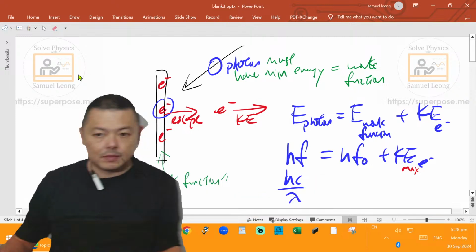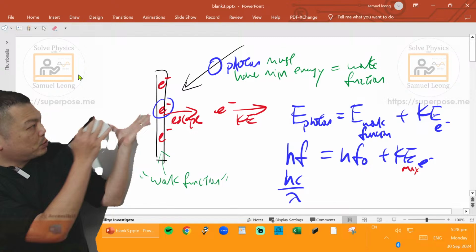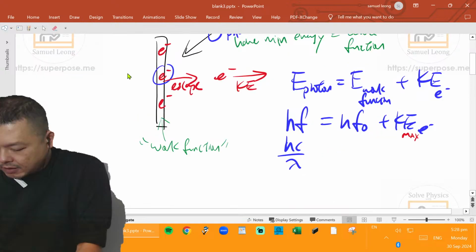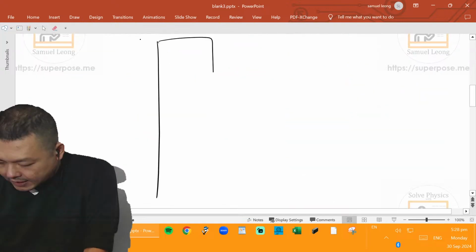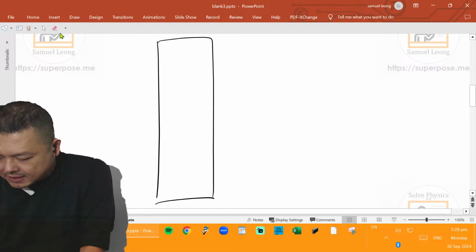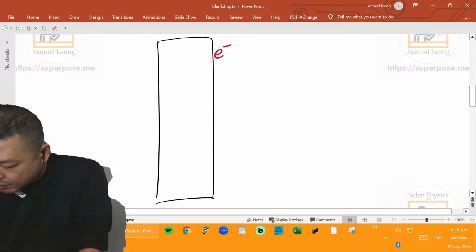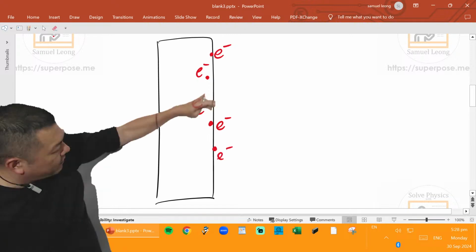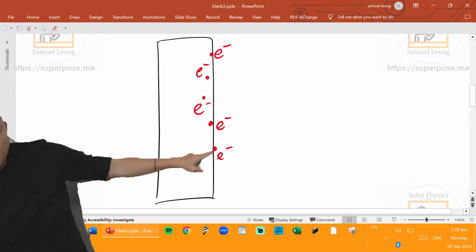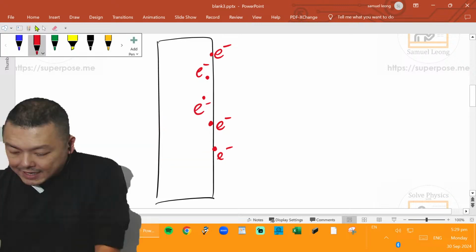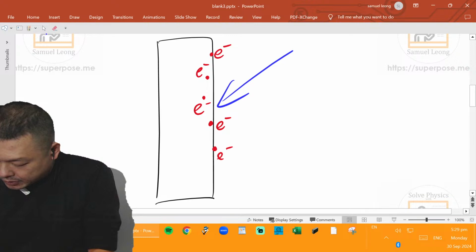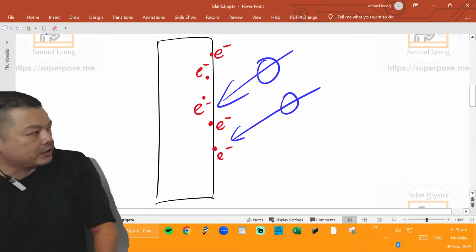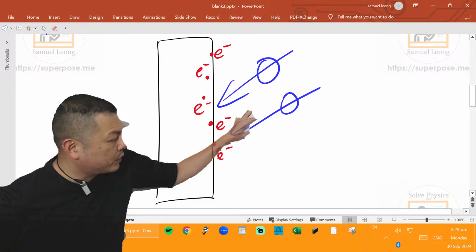Okay, so let's zoom in onto the plate itself a bit. If I zoom in, you will see the metal plate kind of like this. Some electrons are right on the surface, some electrons are slightly further behind. The surface electrons have different positions, but there will be just some that are right on the surface of the metal plate. When the incoming light shines on the plate, the photon comes in, and the electron absorbs the photon.